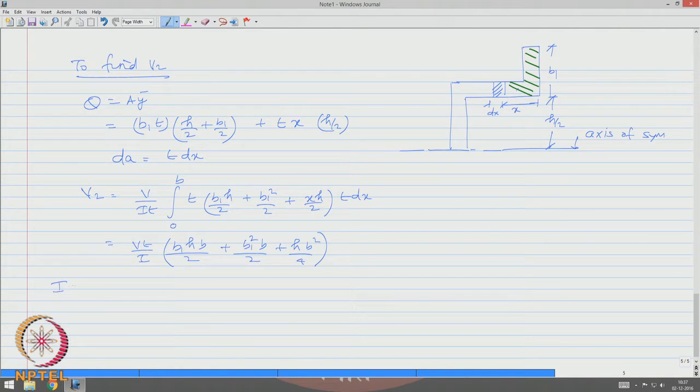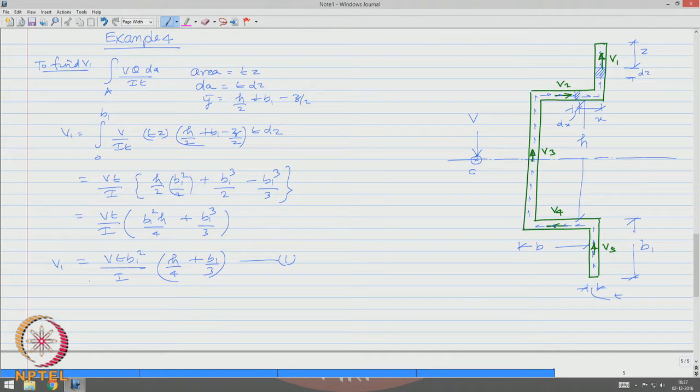One can also calculate I for the entire section. We will do it here. So, the moment of inertia for the entire section can be calculated as T h cube by 12, that is for the web, T b 1 cube by 12, that is for this portion as well as the above one.